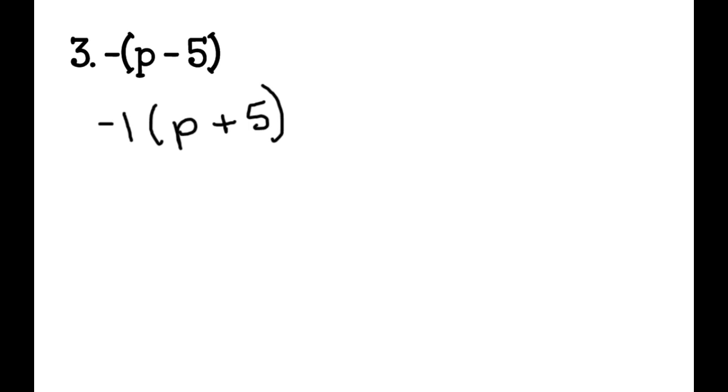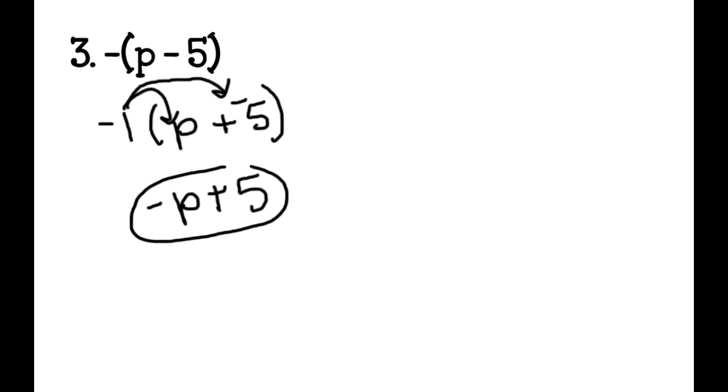And then I'd add the opposite. Take -1 times p, and that's -1p or -p, plus, and then take -1 times -5, and -1 times -5 is a +5. -p and 5 cannot be added together, so you just circle it, and that's my answer.